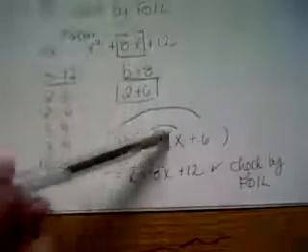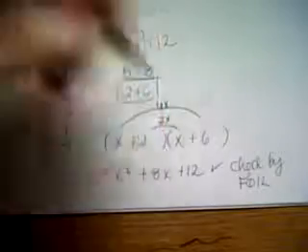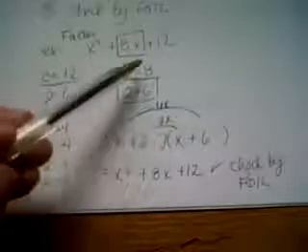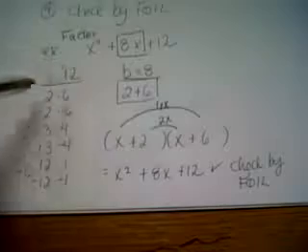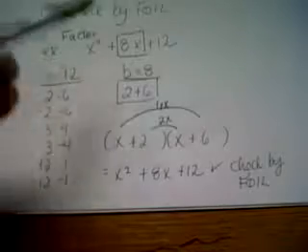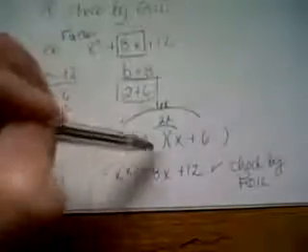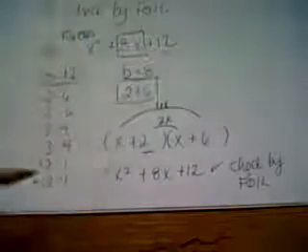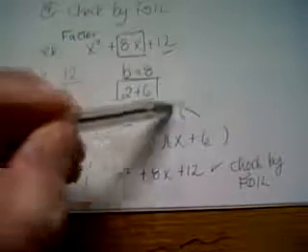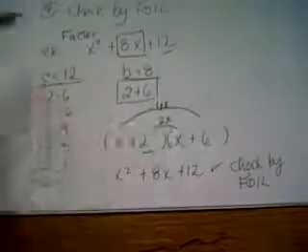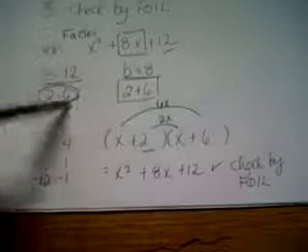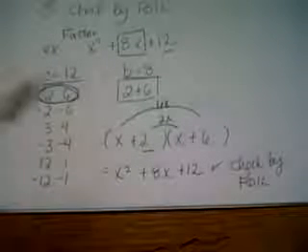And the way that the outer and the inner add up to 8, well, that's 6x, that's 2x, and 6x plus 2x does give me 8. So when we looked at our factors of 12, because it could have been any of these last factors to get to that 12, I had to find the ones where the outer and the inner would add up to 8. And that just so happened to be 2 times 6.